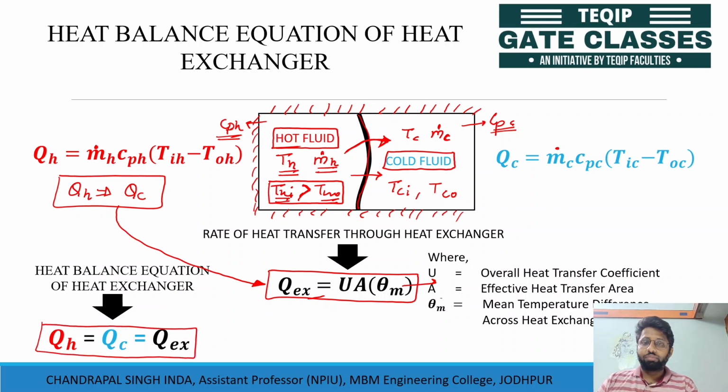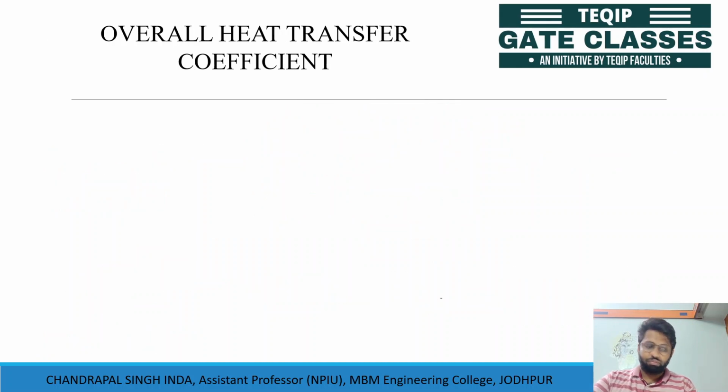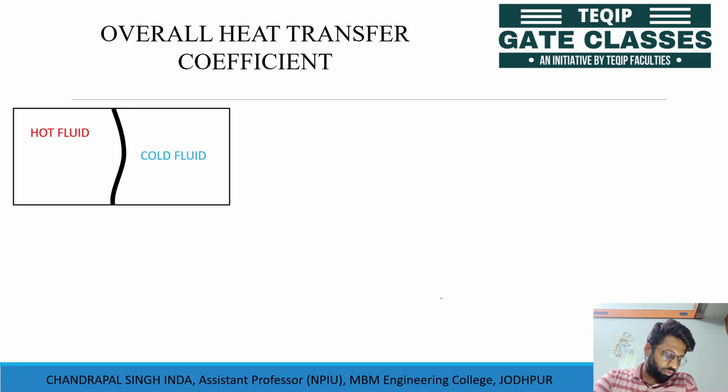So next we have the overall heat transfer coefficient. In this page, we are going to find the overall heat transfer coefficient. Let's consider again that figure of a small elementary area of the heat exchanger.